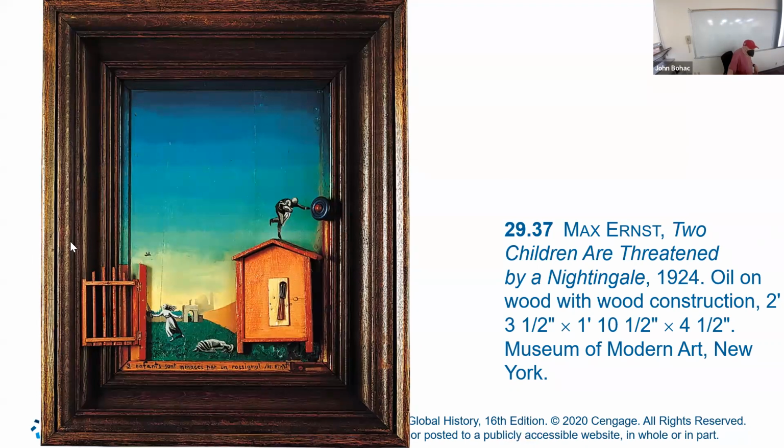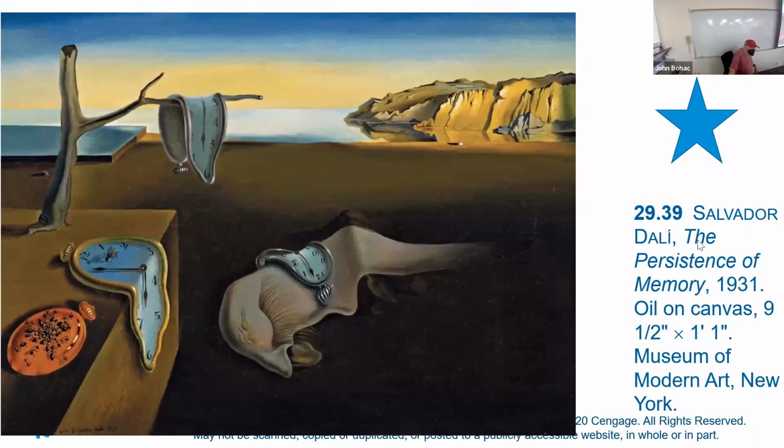And so we got this. This is probably the most noted of all of those dreamscape painters. Salvador Dali, The Persistence of Memory. And I'm sure most of you have seen this before. It's an extremely famous painting.